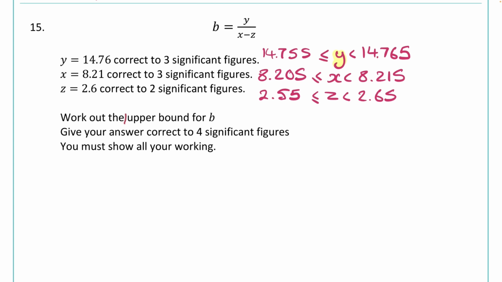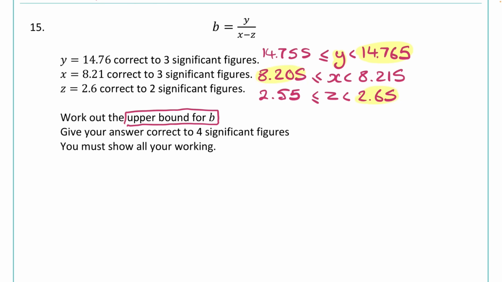From here, if I want to get the biggest possible answer for B, I want to have the biggest number on the top, and divide by the smallest possible combination on the bottom. So to get that upper bound, I want to use the bigger value of y. And to get the smallest possible answer on the bottom, I want to take the smallest x and take away the biggest z.